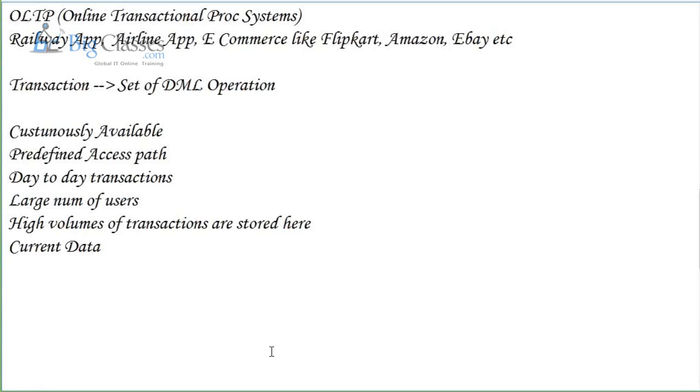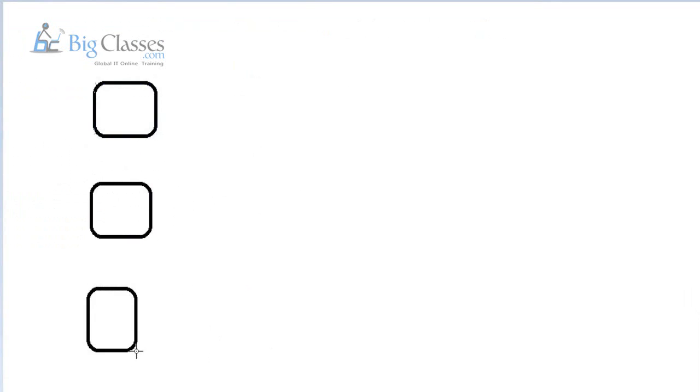Let's say we have different OLTP systems within the SBI branch, three OLTP systems, carrying out all the core banking transactions, like crediting the amount or debiting the amount. We call them core banking operations.